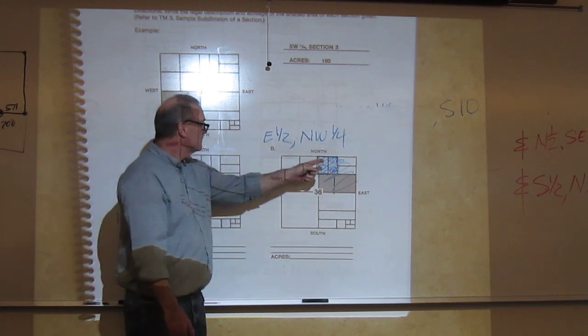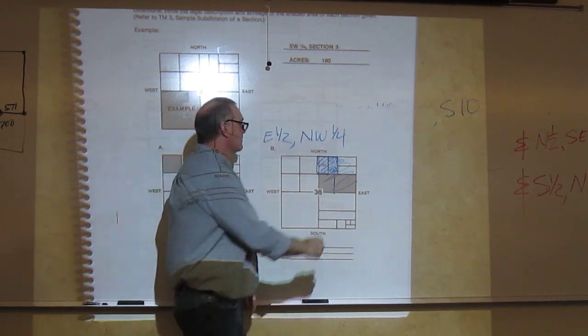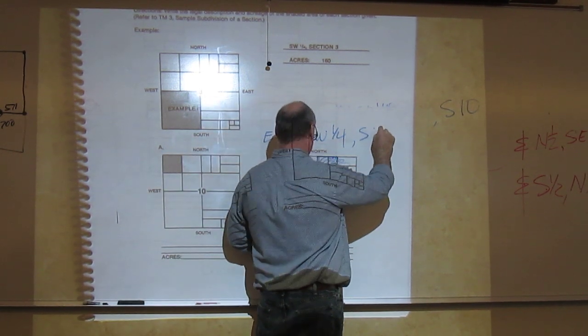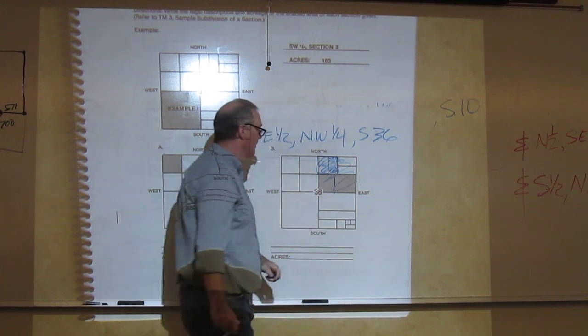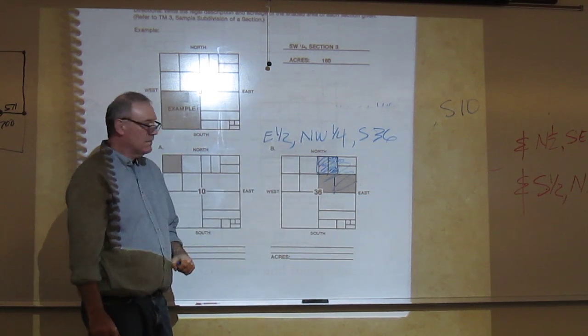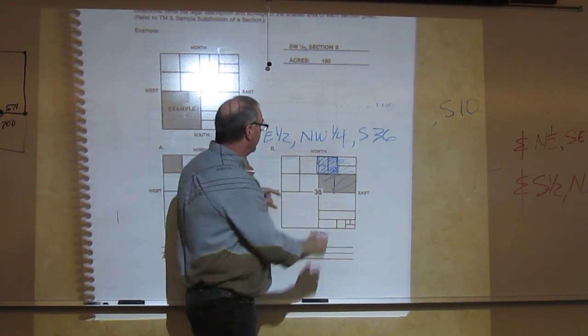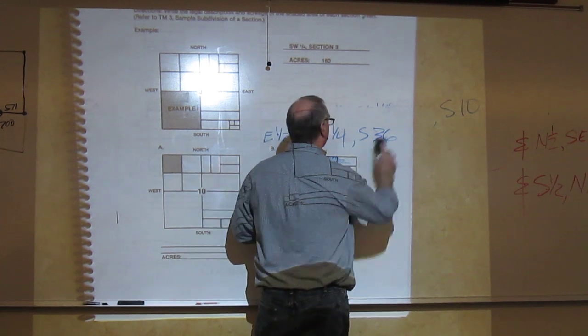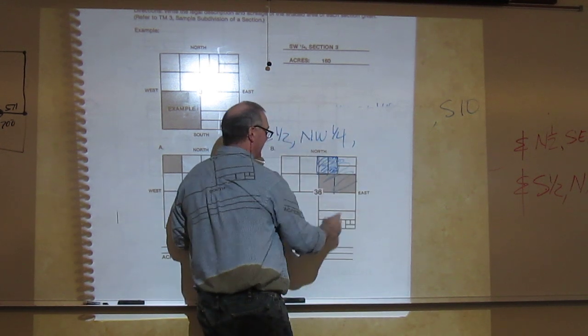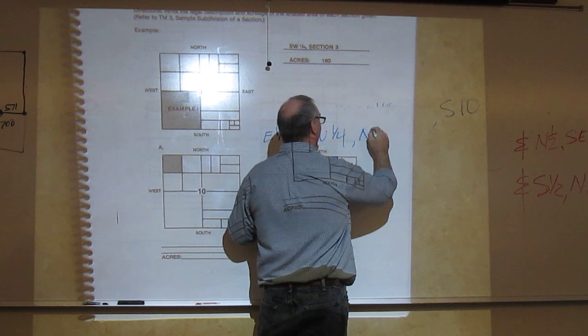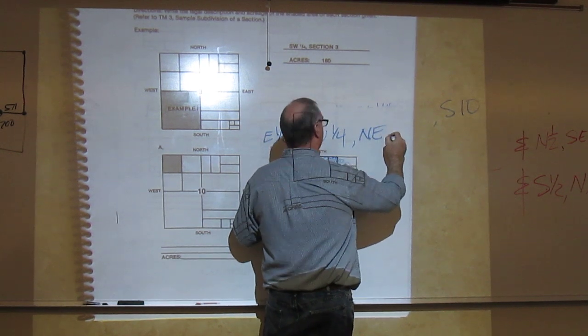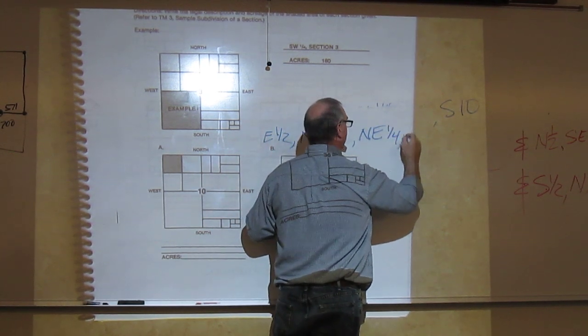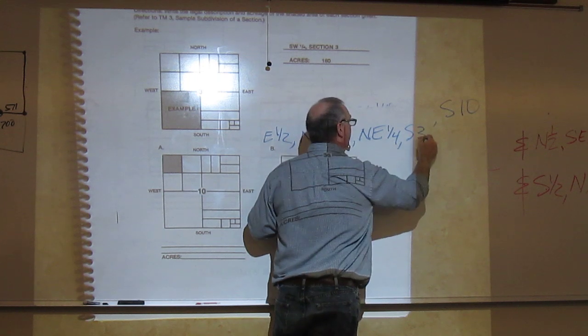Northeast. Aren't I now to section 36? Let's see, north, oh wait, no, I'm not. Northeast quarter, then section. Okay, so then we gotta do this guy. That's right, northeast quarter, section 36.